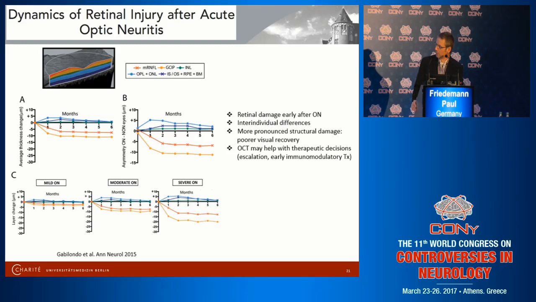They lose very little tissue, but here on the right, with severe optic neuritis, there is significant tissue loss, in particular of the ganglion cell layer. This occurs presumably in the very first days or weeks after the event and not within months. You see from the curve here, this is 1 month, that most of the damage has been established by 6 to 8 weeks.